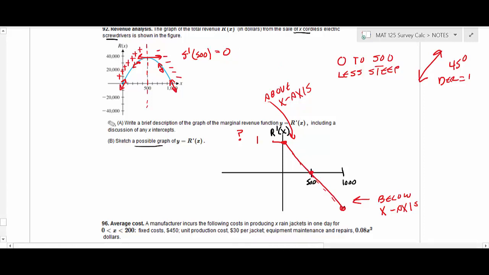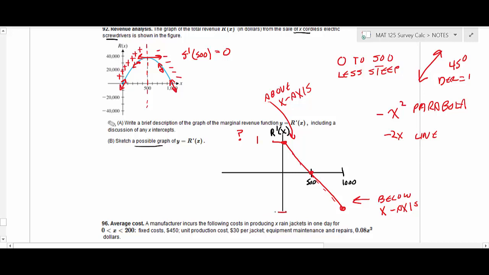Now, one thing that'll help you to understand this is that this kind of looks like a parabola. It's not negative x squared, but it's a parabola upside down. So the derivative of this would be negative 2x, which would be a line. I can tell pretty well by looking at that revenue function, it's a parabola, so its derivative is a line. So that's how I know that.